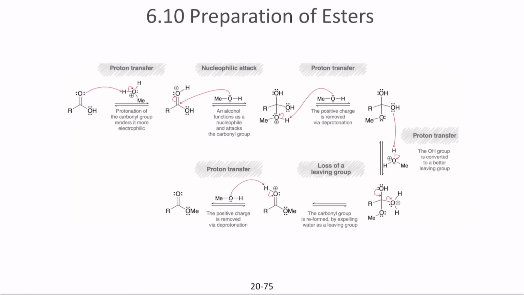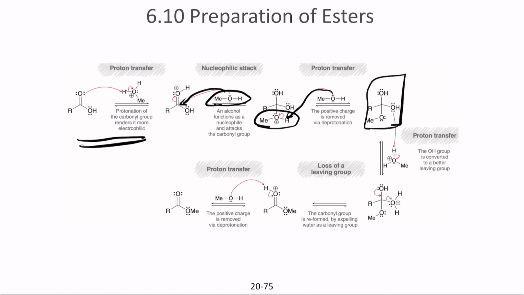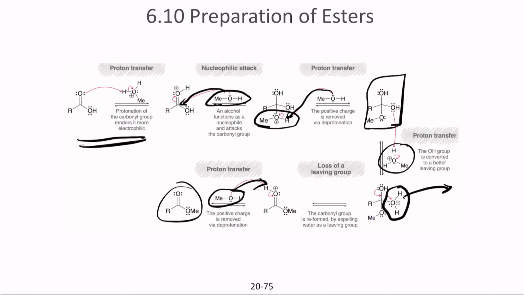The first thing that happens here is proton transfer. The oxygen attaches itself to the hydrogen, creating the unstable structure, and the methyl alcohol will attack the carbon, resulting in the formation of this intermediate structure. Then the methyl alcohol undergoes proton transfer, creating the intermediate again. Again, another methyl alcohol will undergo proton transfer, and water will leave. Once the water goes out, another proton transfer occurs, finally creating the ester.